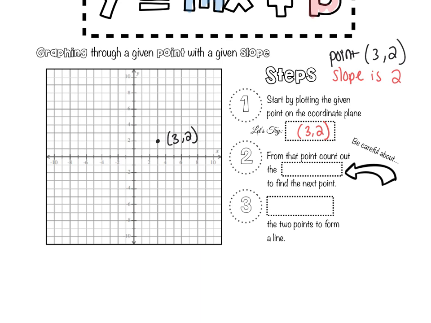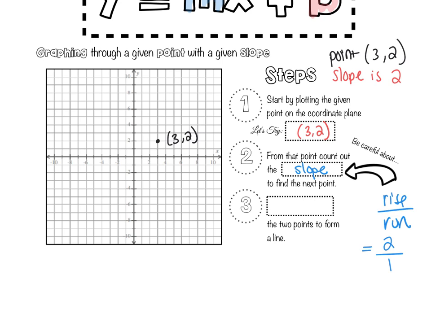My next step is from that point, you are going to count out the slope to find the next point. But remember, slope is rise over run. So if my slope is 2, then that tells me that any of my slopes, if they are whole numbers like the number 2, I can always put it over 1.